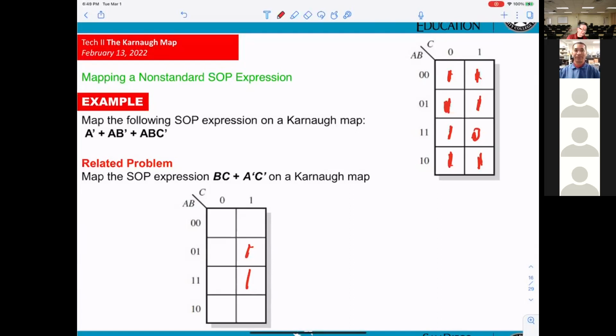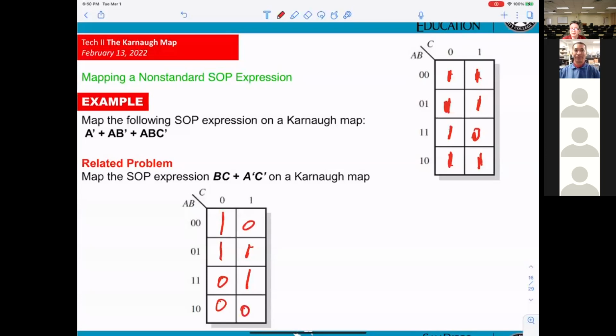Yeah, they don't care about A. Not A, not C, not A. First column, first row, second column, second row, first column. Is that right? Yeah, for the not C.